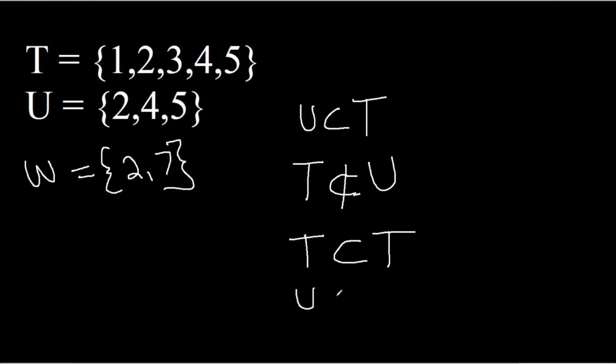So that would also mean U is a subset of U, and W is a subset of W. Clear as mud, right? This is just set notation, and you're going to have to learn more about sets throughout this course because it's very important to know what a collection of objects could mean mathematically.